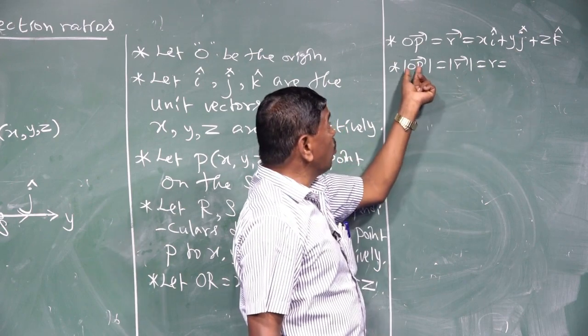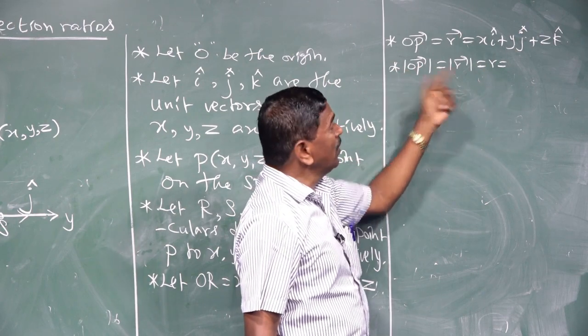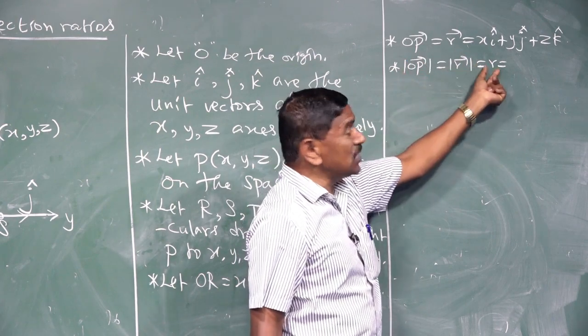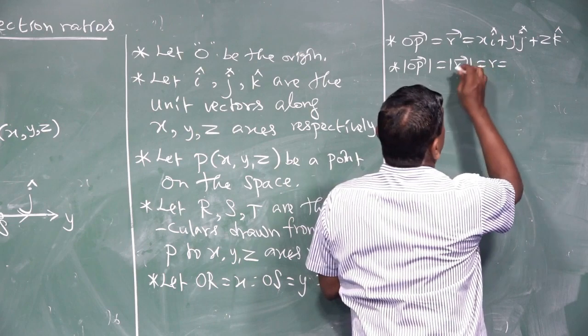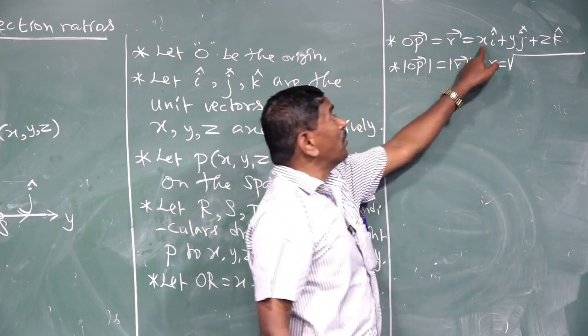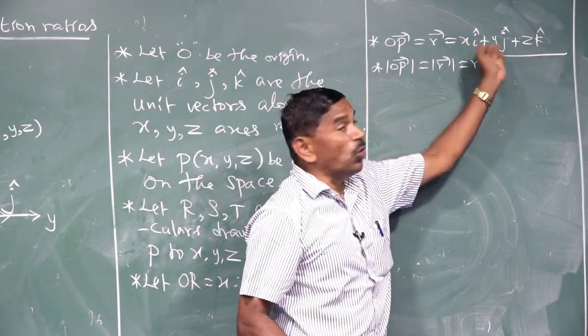Similarly, modulus OP vector equals OP. The modulus of the r vector is the square root of the sum of the squares of the i, j, k coefficients.